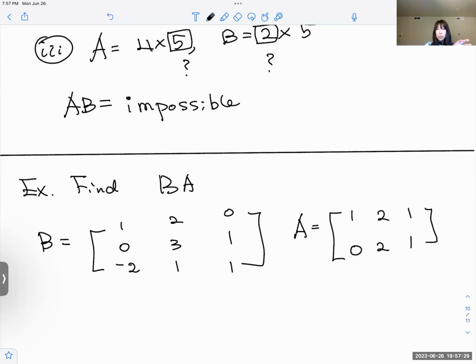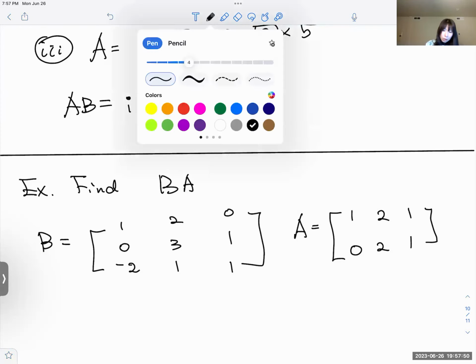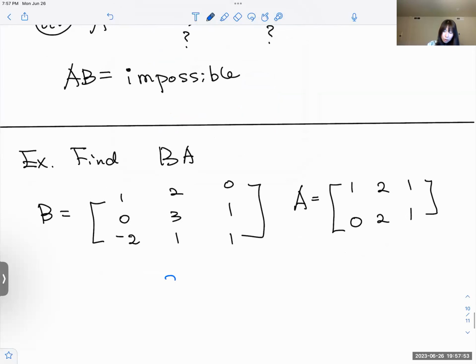And for multiplication, we check the columns of A against the rows of B, the inner sizes. In that case, it's BA, right? So this is a 2 by 3 matrix.